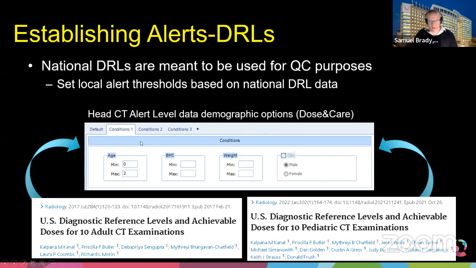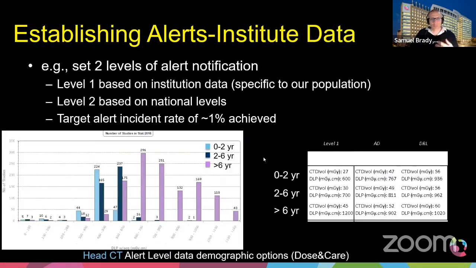I can say for head CT, for age 0 to 2, and then I can click on, or if it's BMI or weight or whatever patient demographic you want to use to set up your alert. And then you can click on the different conditions and set the DLP value, the volume CTDI, the SSD, etc. So you can enter all the information from the DRLs into your software so that it will help you understand when something's happening.